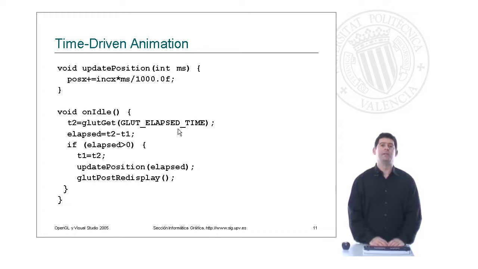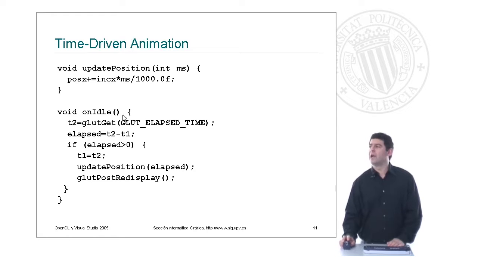Here is how we implement it. Now, the update position function takes a parameter milliseconds that gives us the number of milliseconds that have elapsed since the last update. We use this value to compute the increment of position of the object that moves along the x-axis.